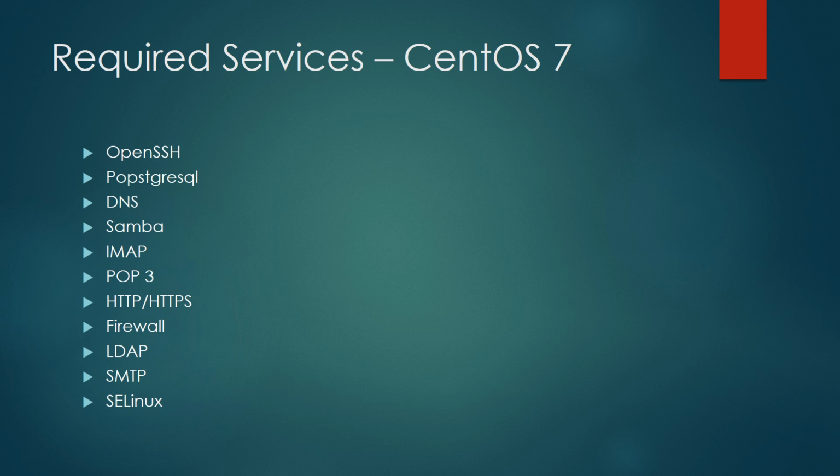We also needed to install the open source Dovecot, which has IMAP and POP3 in it. We also had to install HTTP and HTTPS and configure the firewalls with firewalld or iptables. I also had to install LDAP into the system, just like the Windows server. And we also needed an SMTP for the mail and SELinux.